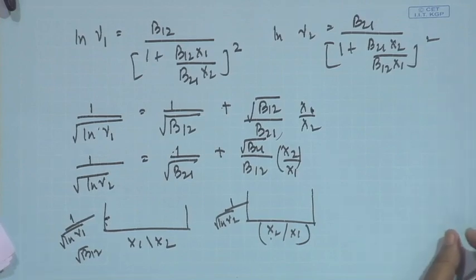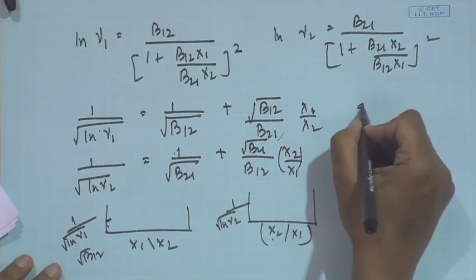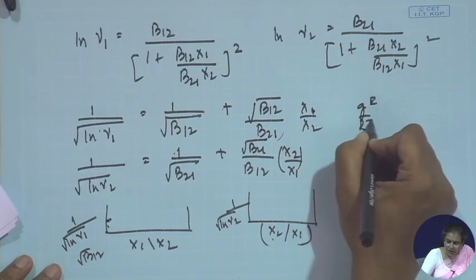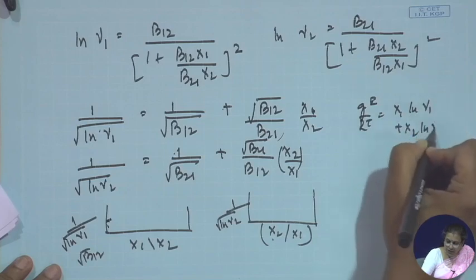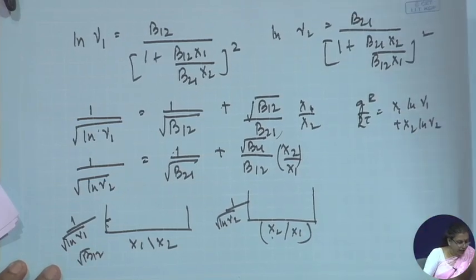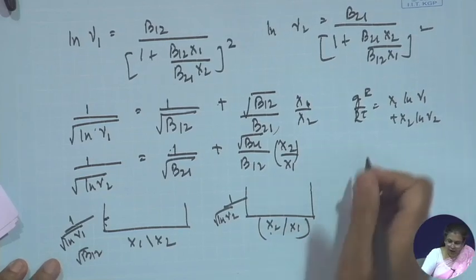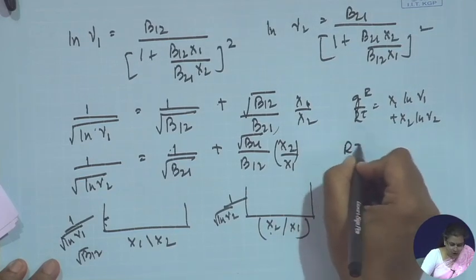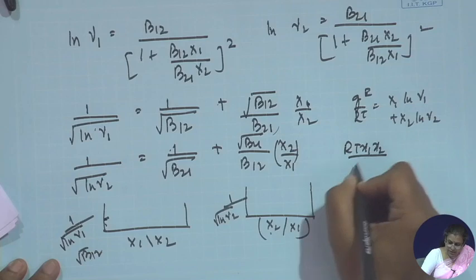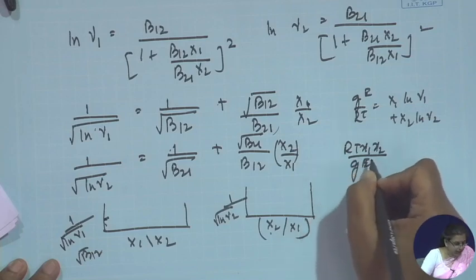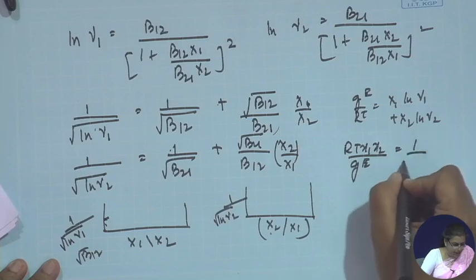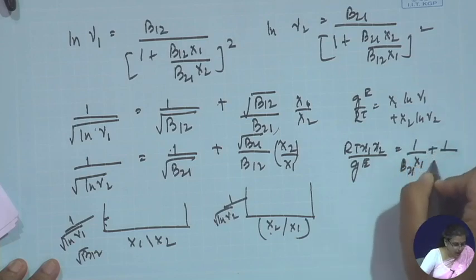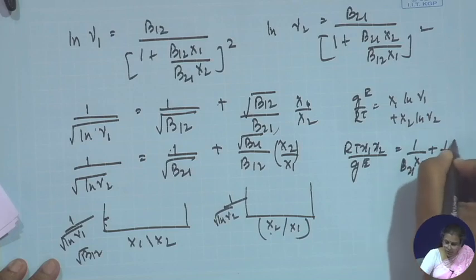For this case, again suppose we use GE by RT equals x1 ln gamma 1 plus x2 ln gamma 2. Then what do you find? Suppose we plot RT x1 x2 by GE, then this will equal x1 by B21 plus x2 by B12.